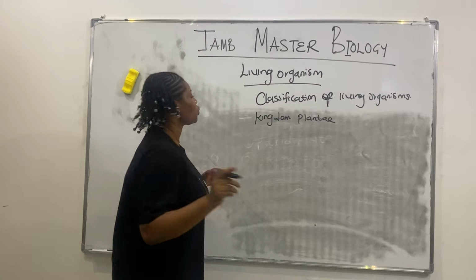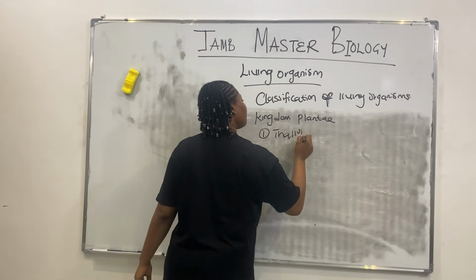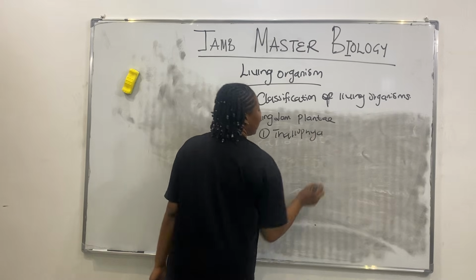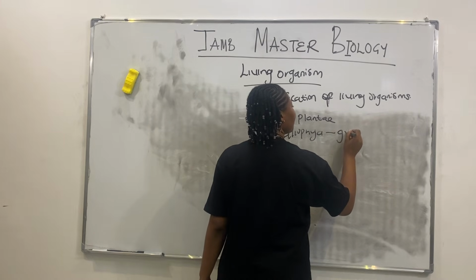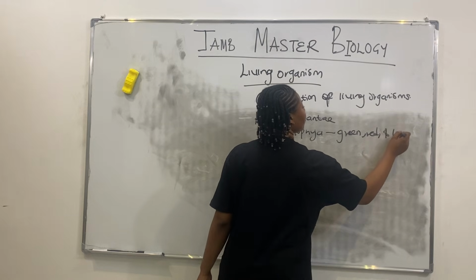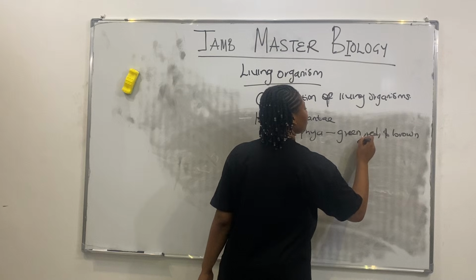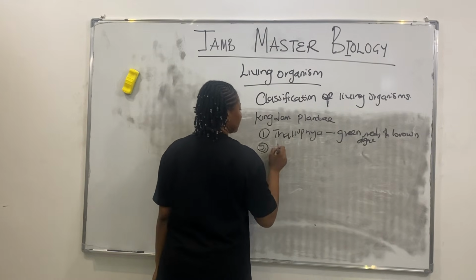Has 3 divisions, which are Thallophyta. Under Thallophyta, we have green, red, and brown algae. We have bryophytes.